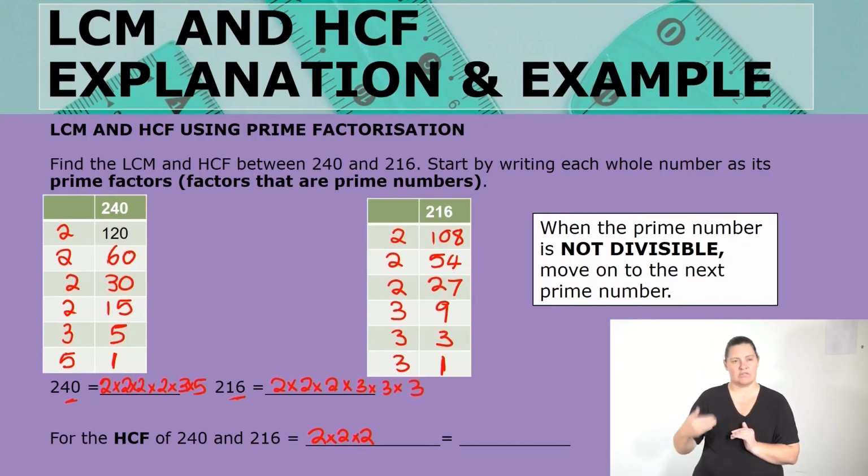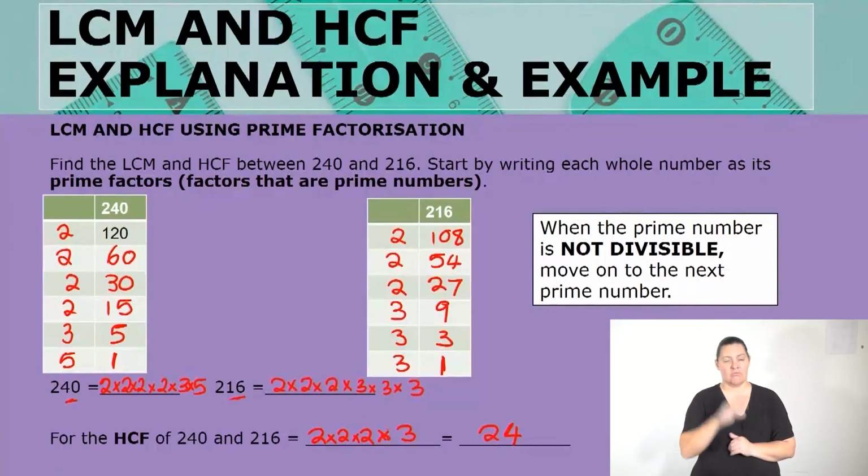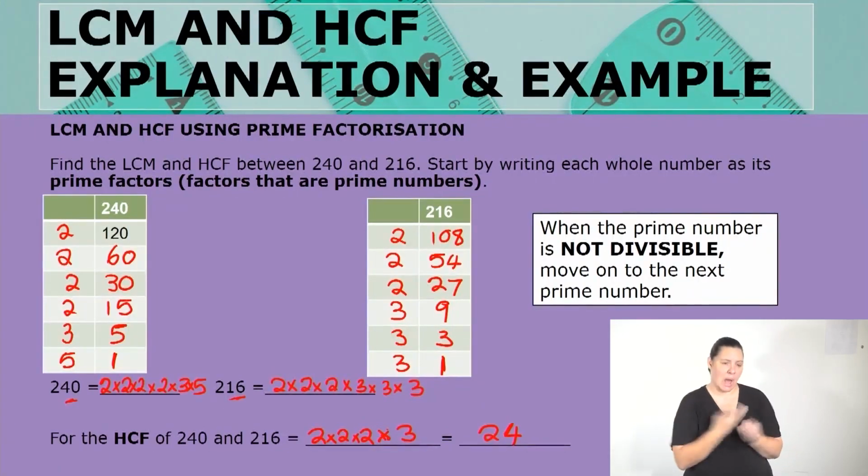So the lowest frequency is just the 1 3. So what is the highest common factor here? 2 times 2 is 4, times 2 is 8, times 3 is 24. It means that the highest common factor between 240 and 216 is 24. Now remember, learners, frequency is how often a factor appears.